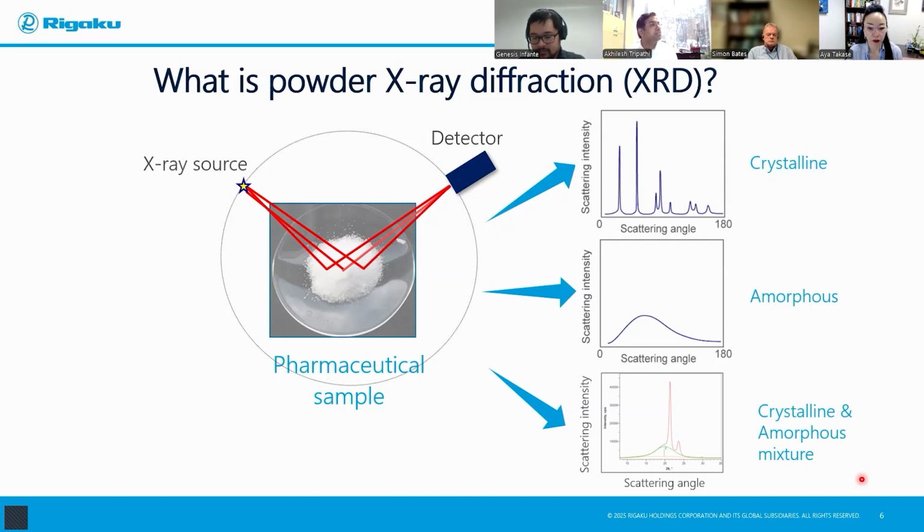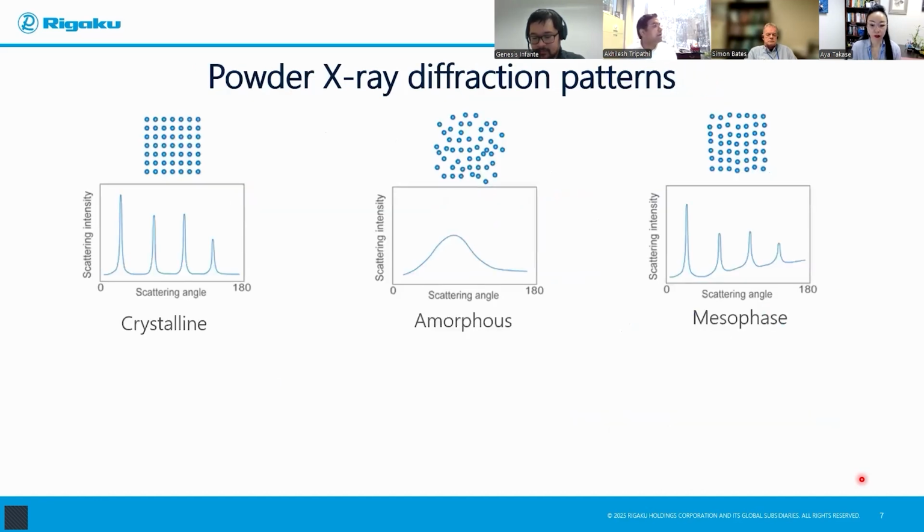So a powder X-ray diffraction pattern in general can be divided into three categories. If we delve deeper, a crystalline phase will have a lattice kind of formation, that is, you have a crystal structure. Polymorphs may have different crystal structures but a similar chemical formula, but your pattern is very well defined. An amorphous material has a hump, as we saw earlier, and the material is not well defined.